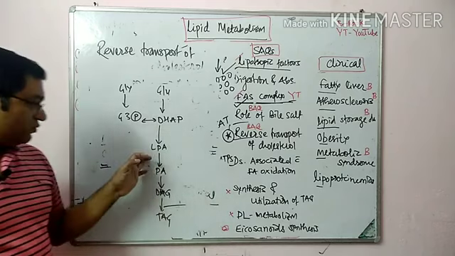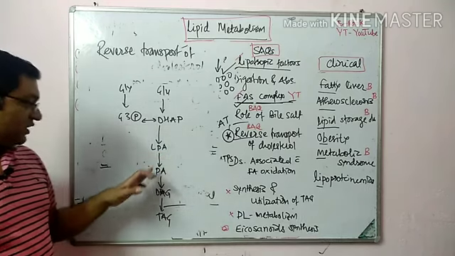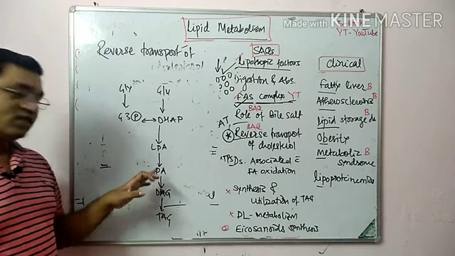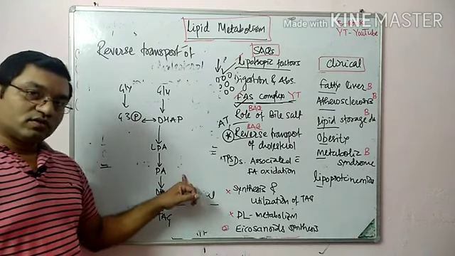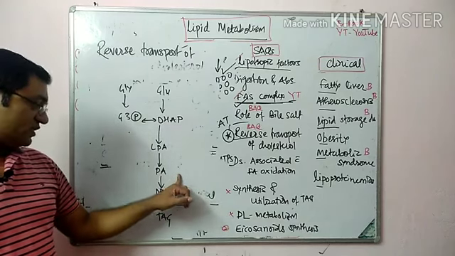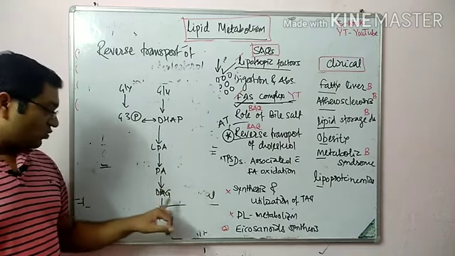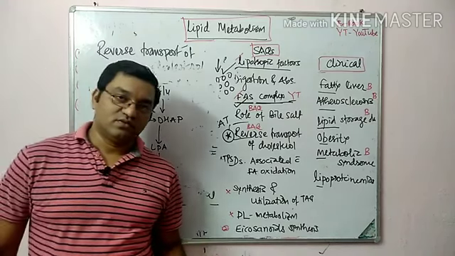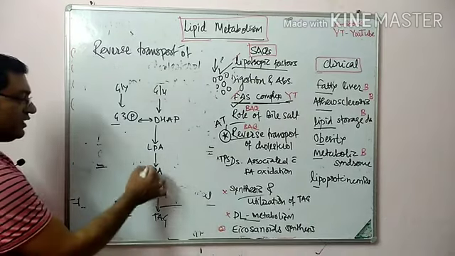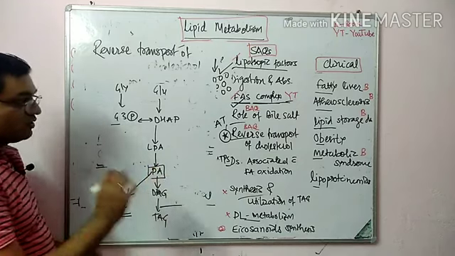Lysophosphatidic acid has one fatty acid. Phosphatidic acid has two fatty acids and a phosphoric acid. DAG has an OH group and two fatty acids, and TAG has three fatty acids. Phosphatidic acid is a precursor for phospholipids.